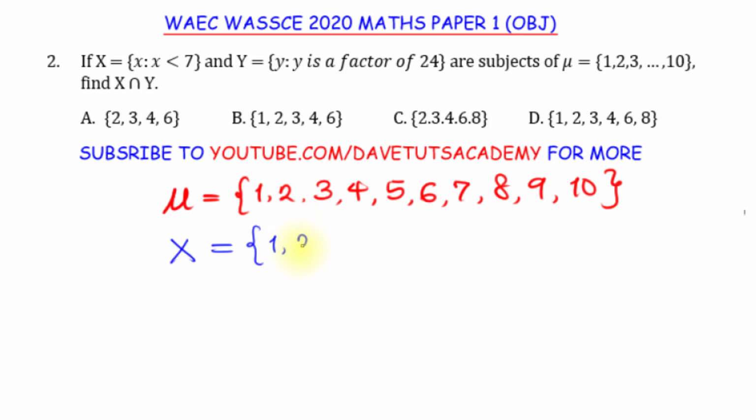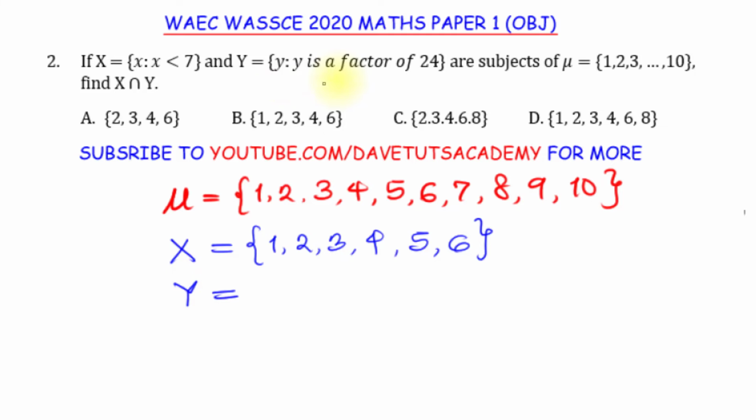So we can take 1, 2, 3, 4, 5, 6, and is 7 going to be included? Of course not, because we are told numbers less than 7. If it was less than or equal to 7, then 7 would have been included. But since we are told it is less than 7, 6 will be the last entry. Okay, then Y.